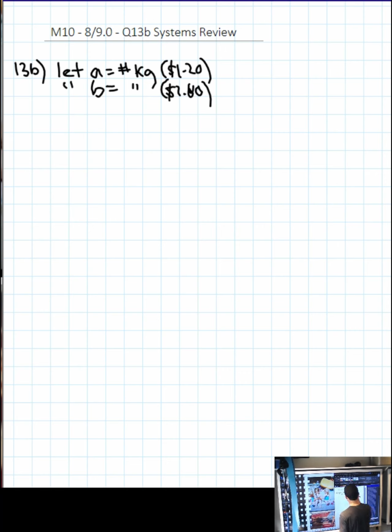Notice how I use the tick tick to represent exactly what was above twice. So we're buying 12 kilograms of bulk candy, so A plus B equals 12.